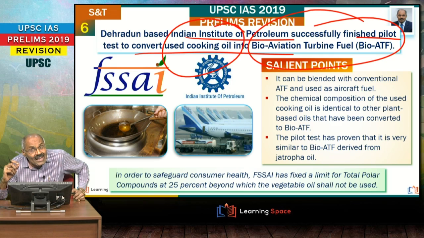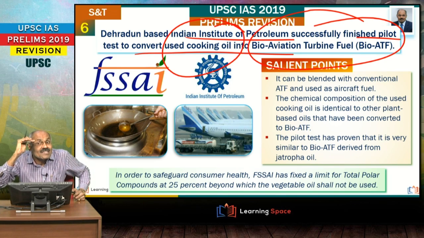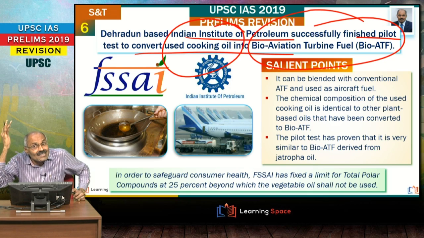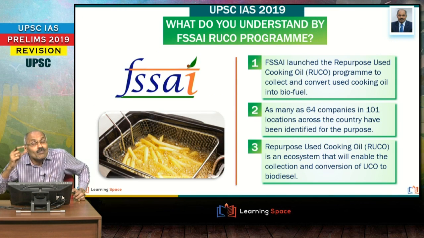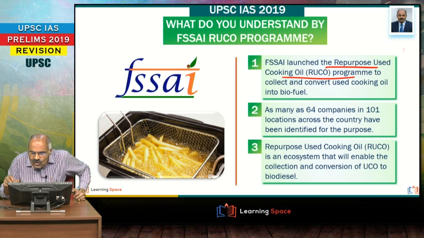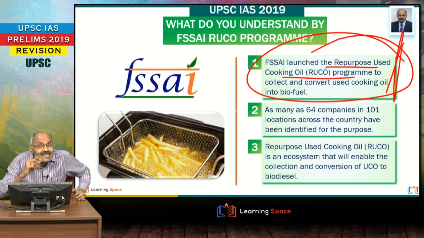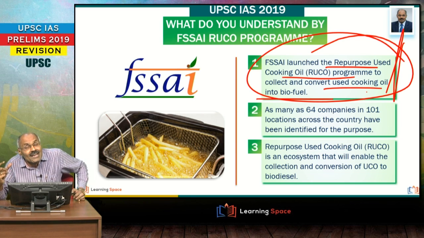That means as the total polar compounds limit is fixed at 25%, if it exceeds that, this used cooking oil can be converted into biodiesel, and the program is the RUCO program, please don't forget. So FSSAI launched the Repurpose Used Cooking Oil program to collect and convert used cooking oil into biofuel.